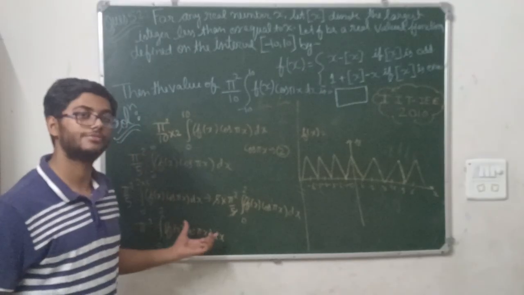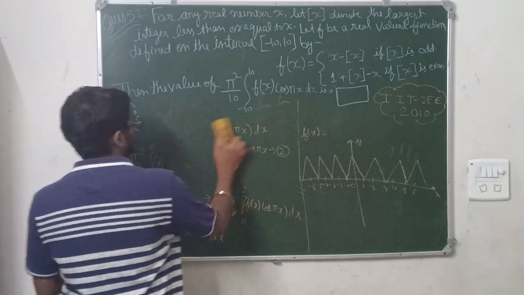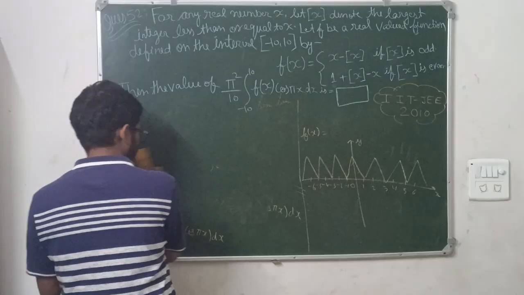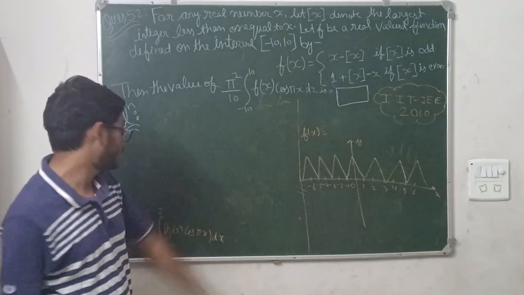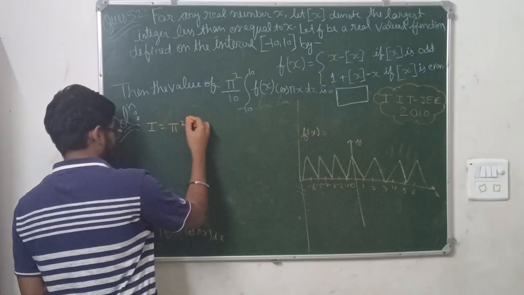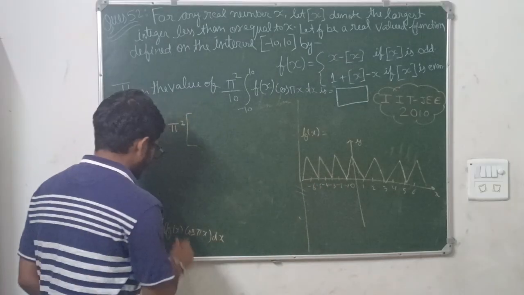Now you have to solve this. Okay, our integration has finally come to this point. So now we are solving this further. Now see, now this graph will come in use. You have to solve this integral, assuming I. It is what? Pi square. Now see, 0 to 2. You can see this function. Here fx is there.